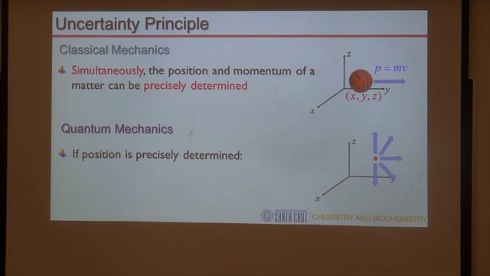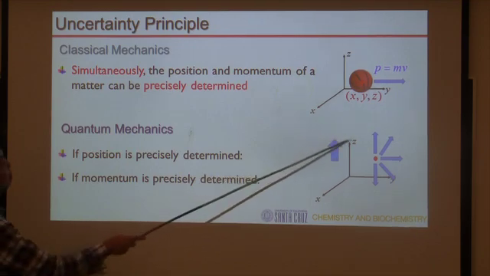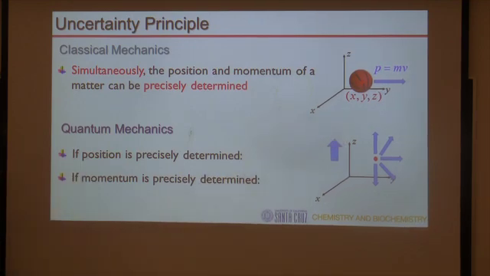The momentum could be in different directions, could have different magnitudes. You don't know. Okay? But if your momentum is precisely determined, like when I say moving along the positive z direction with a certain magnitude, I know exactly, then you don't know the particle location. Everything is a blurred image.